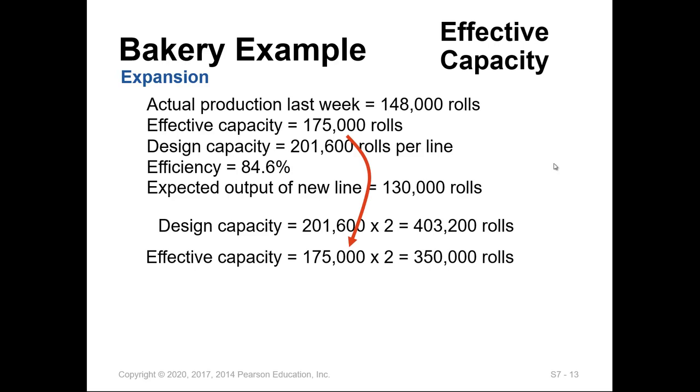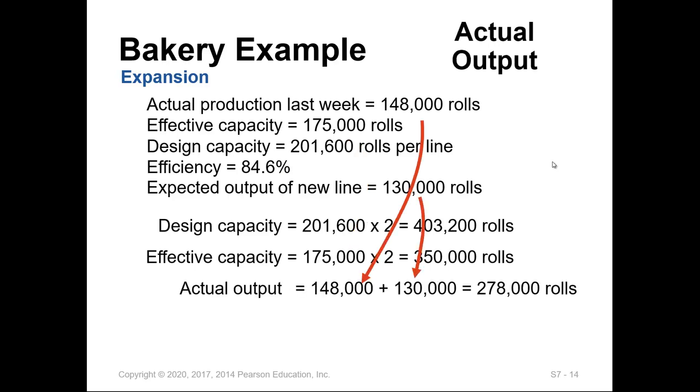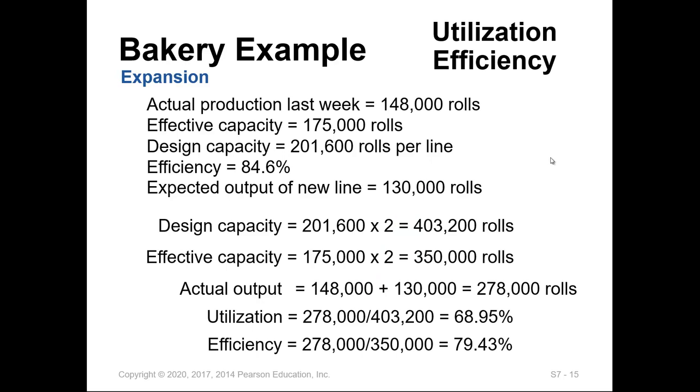So the effective capacity will also double to 350,000 rolls per week. And with the expected production of 130,000, the total production of the two lines will be 278,000 rolls per week.